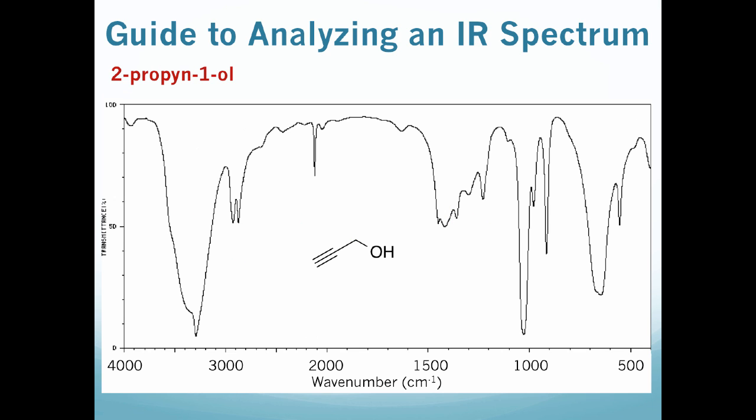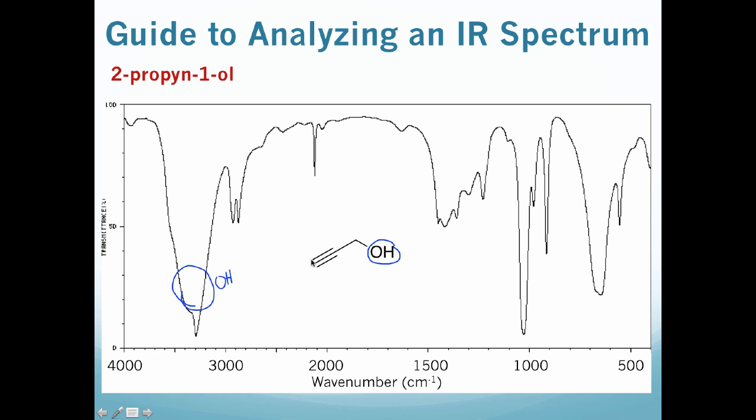Next, we can look at this alcohol that has both an alcohol functional group and an alkyne in it. And we can pull some things out of this spectrum. First, the most distinguishing thing in the spectrum is the OH stretch. And that is sort of this broad peak here. That's the OH stretch, right around 3400.